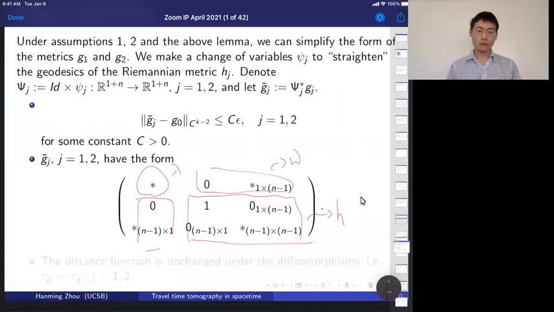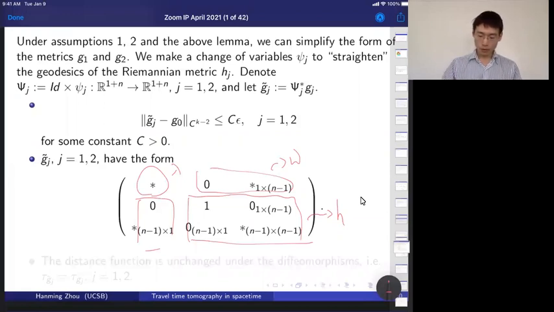So basically, if we can show that after this change of coordinates, the matrices G1 and G2 look like this special structure, and that if they have the same Lorentz distance function then these two matrices are the same, then this will give us the original statement.